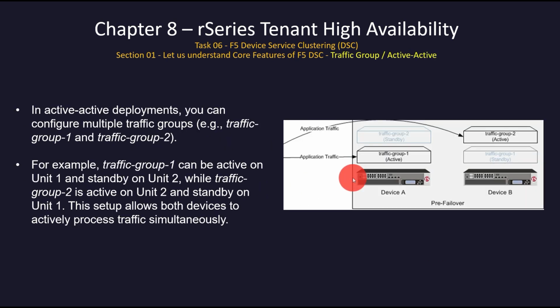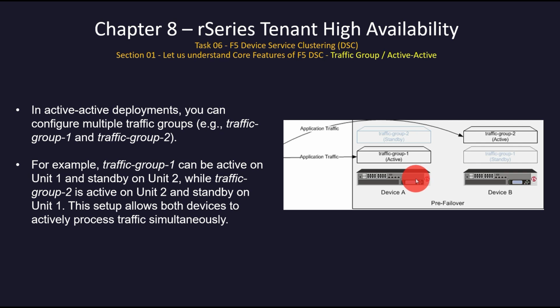In active-active deployments, you can configure multiple traffic groups. For example, traffic group 1 and traffic group 2. In this example, traffic group 1 is active on unit 1 and standby on unit 2. Whereas traffic group 2 is active on unit 2 and standby on unit 1.